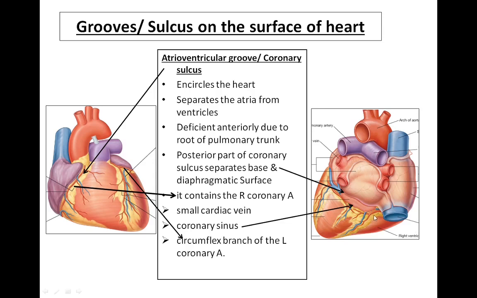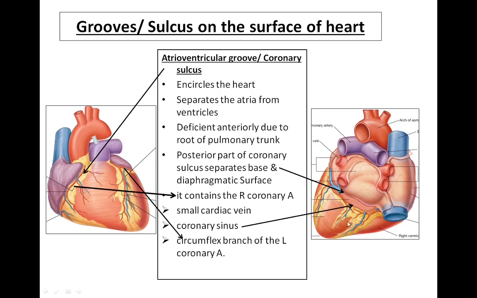Then it gives a branch to the inferior surface. Along with the right coronary artery on the anterior aspect there is a vein called the small cardiac vein, which is a venous channel.